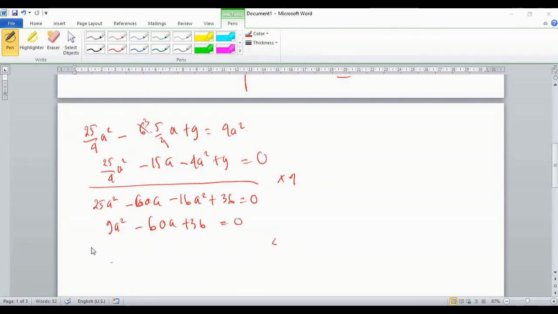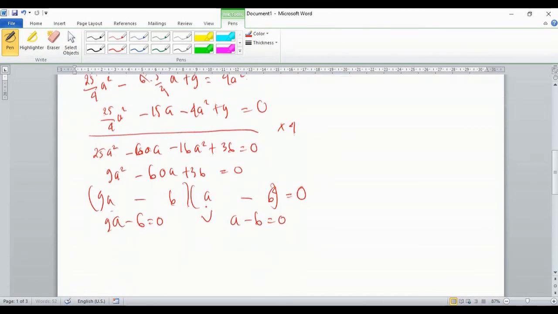We need to factorize it to be 9a, 36 is 6 with 6, minus. 9 times 6 is 54, 54 minus 6. Okay, so we have 9a minus 6 equals 0, or a minus 6 equals 0, right?